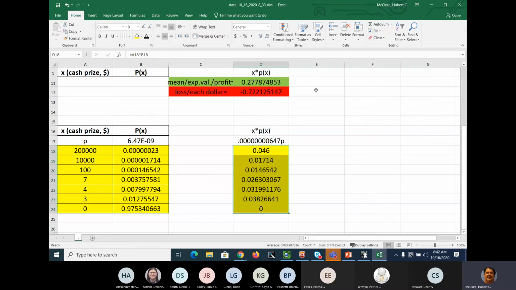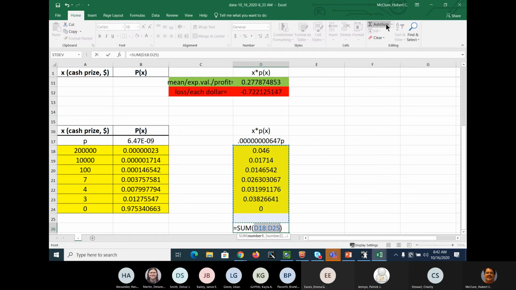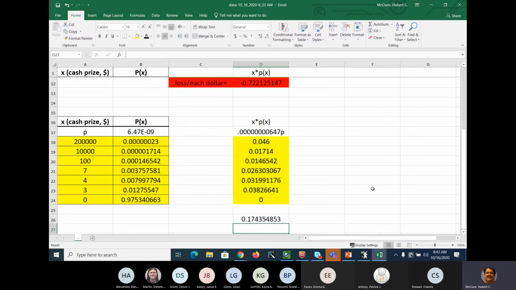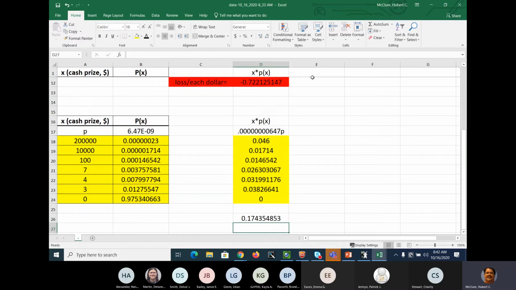So that's going to be 0.00000000647 p plus, and I'm going to add all these up, and that's going to be that number right there, 0.174354853. Technically, that's equal to 0 because you don't have anything to set it equal to.